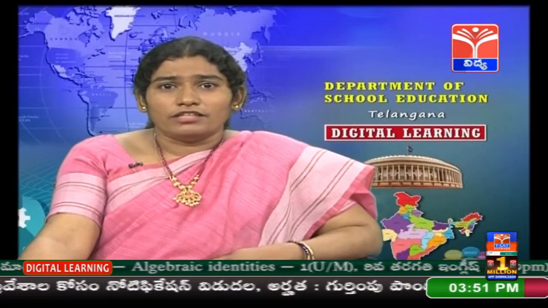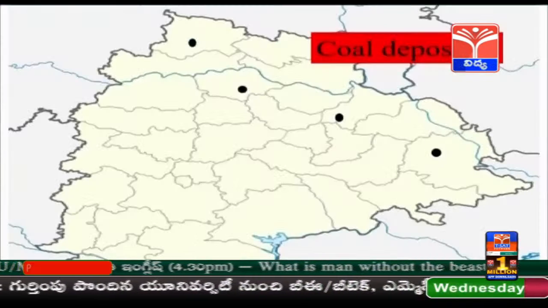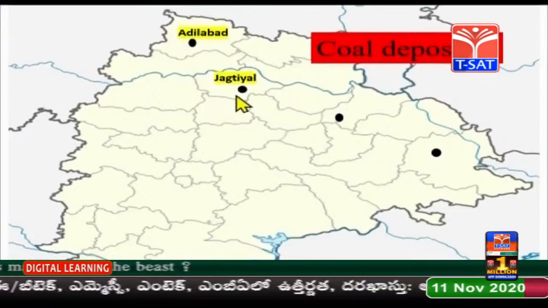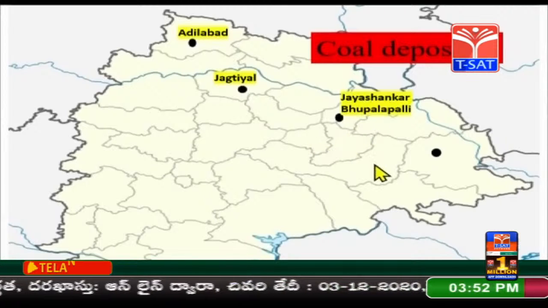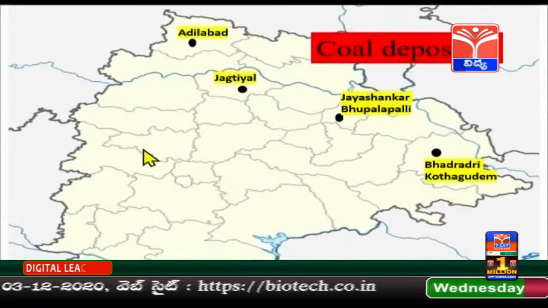Let us locate all these coal deposits in the map of Telangana. Children, coal deposits are found in Adilabad district, Jagtial district, Jayashankar Bhupalpally district, and also in Bhadradri Kothagudem district.